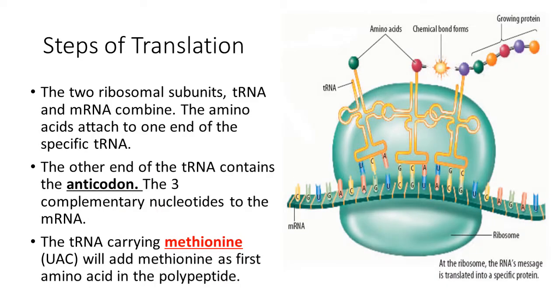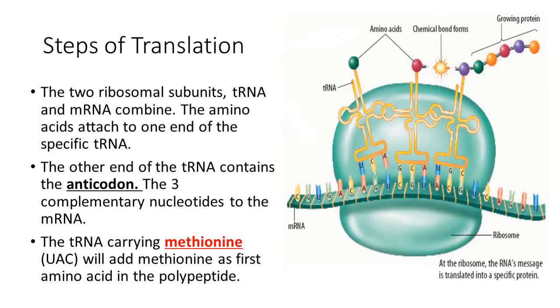How does the translation happen? Or what are the steps of translation? We have to use ribosome, mRNA, and tRNA. Ribosomes have two subunits, a large subunit and a small subunit.